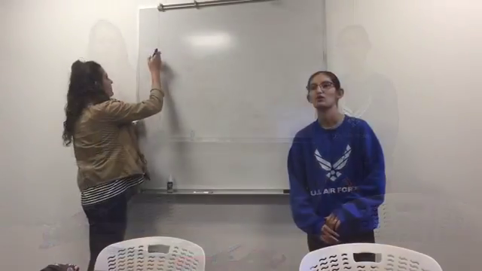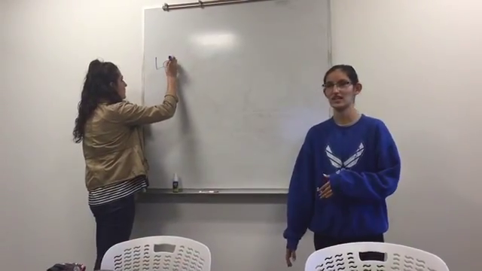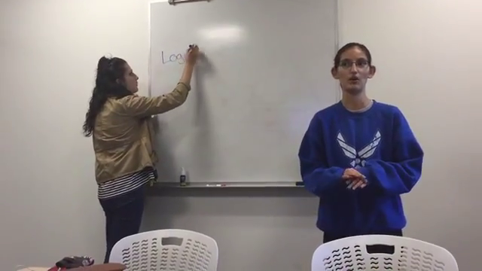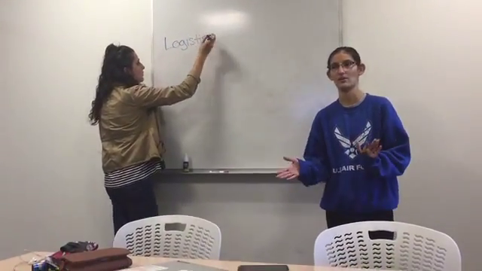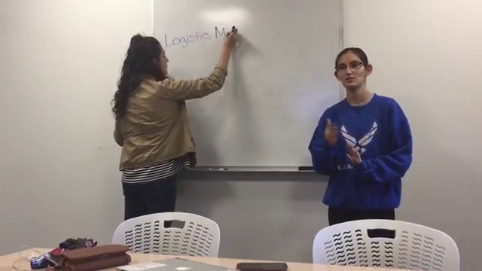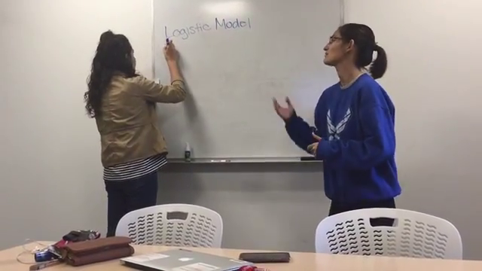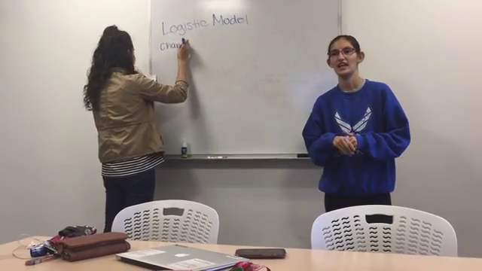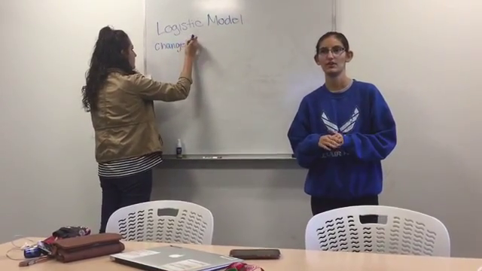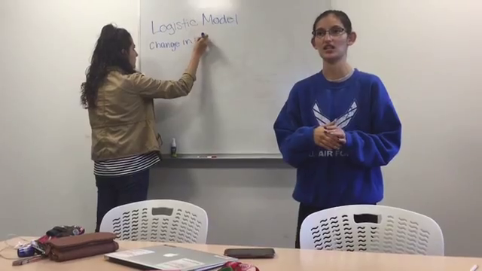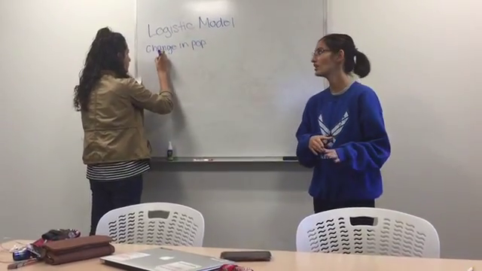I'm going to go over our mathematical representation of our population growth as limited by our carrying capacity. So this can be expressed by our logistic model, as Ms. Moore wrote on the board. And this equation is the change in population over time.